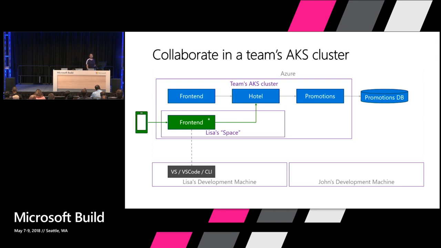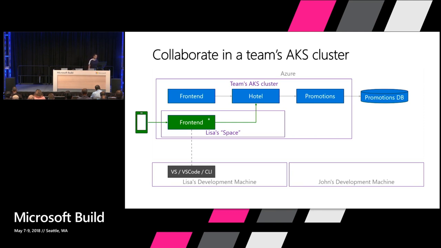She gets a public endpoint that she can test her version of front end directly. But when front end then starts making back end calls, she doesn't need to know how to set that full app stack up. It can actually just call into that baseline that the team is running inside their AKS cluster.